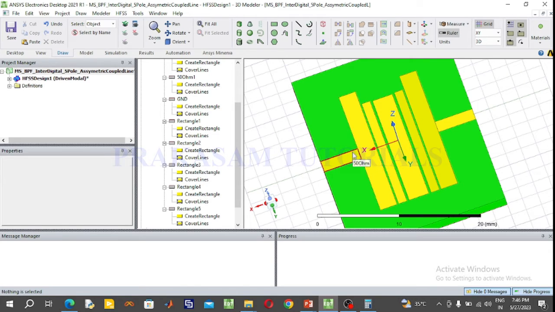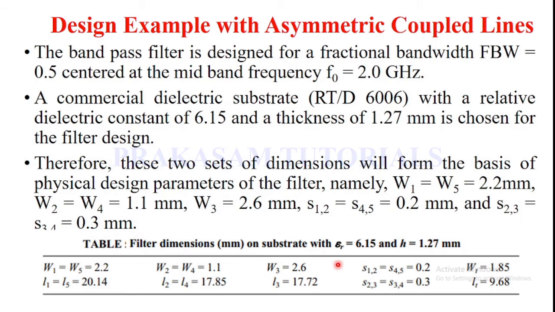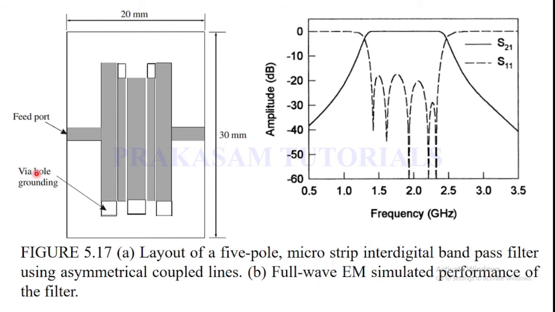And after that select via hole ground. So now here the via hole ground, the radius I am considering 0.5 mm.